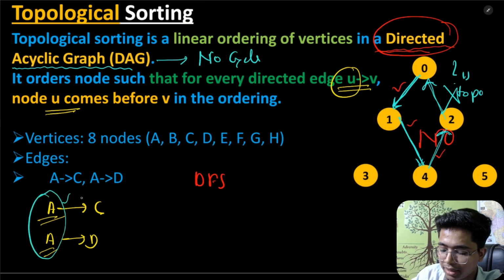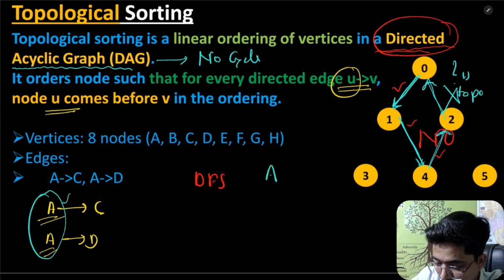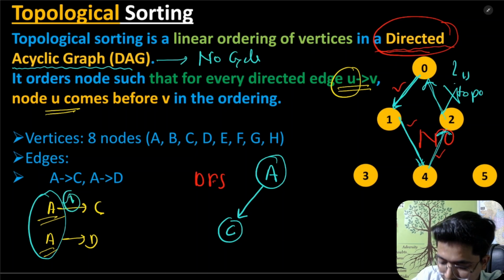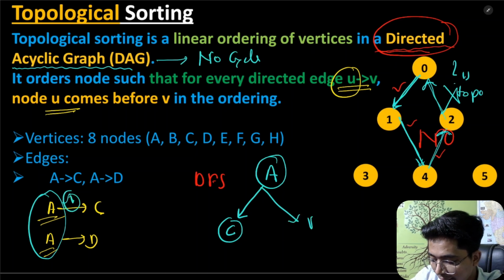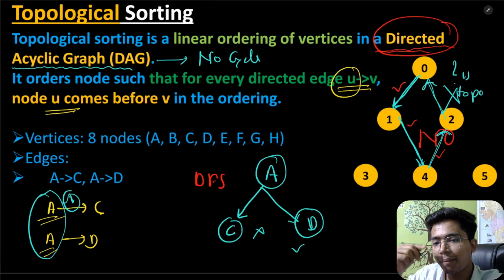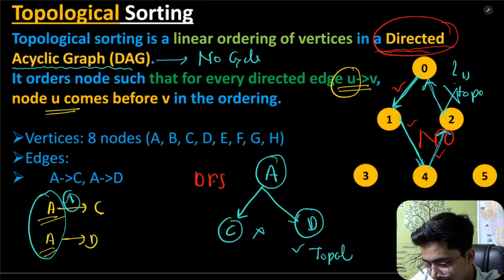We can represent the graph like this: A will be at the first position, it is always prior, and then after A it comes to B, C, and this relationship is done, and now it is pointing to D. This type of directed and acyclic representation is topological sorting.